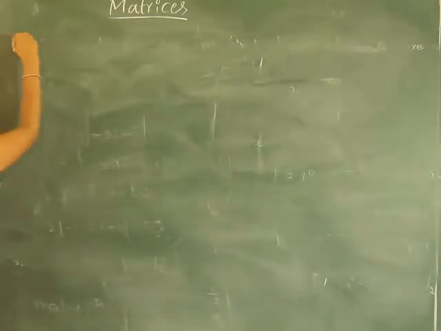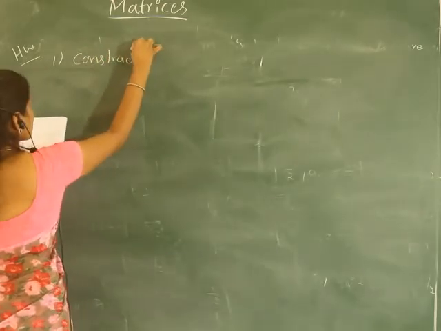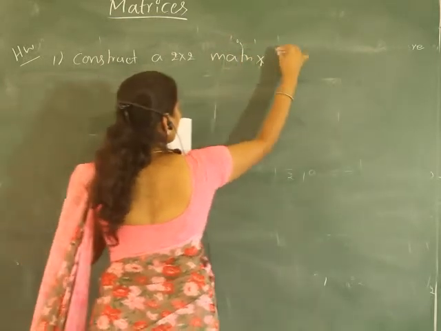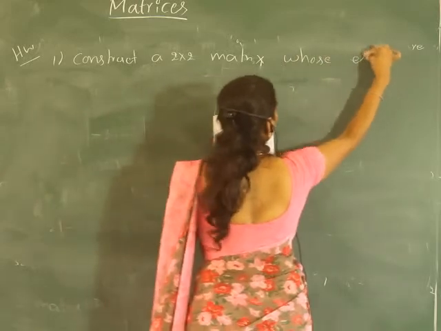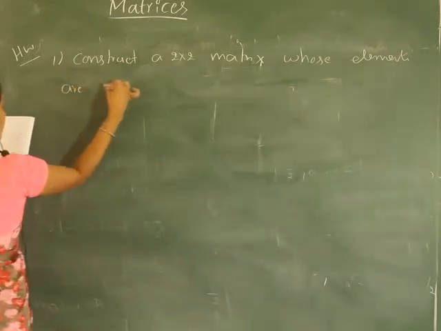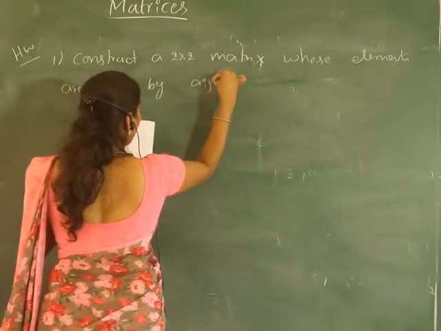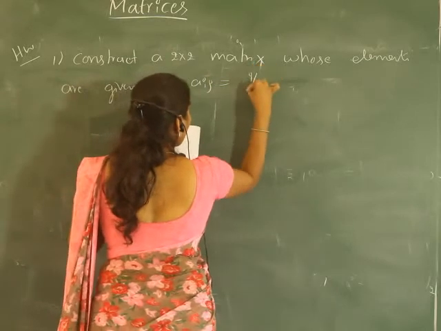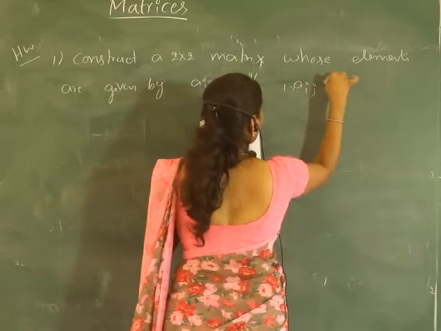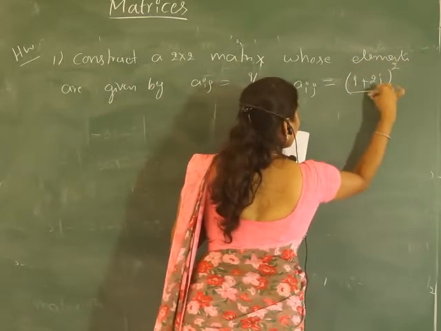Next is homework problems. I'll give homework. Construct a 2 cross 2 matrix whose elements are given by Aij is equal to i by j, and one more, Aij is equal to i plus 2j whole square divided by 2.